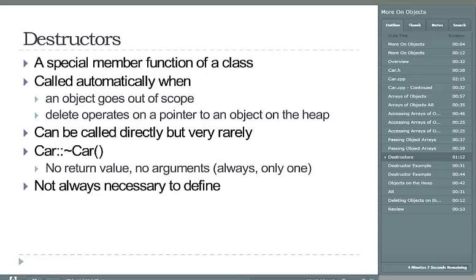And as we've seen in the previous examples, it's not always necessary to define the destructor yourself. The compiler will generate a destructor automatically to remove the memory used by an object on the stack. However, if your class allocates memory on the heap, a great place to call delete on that memory is inside of the destructor.